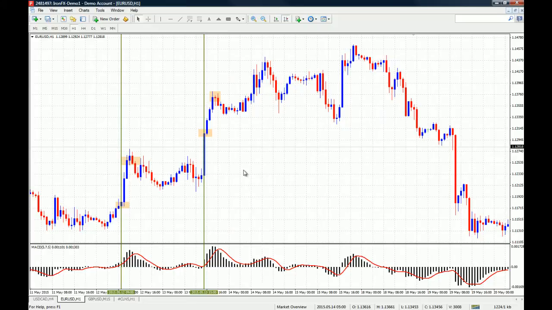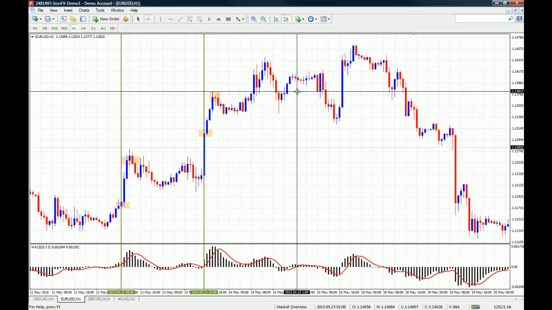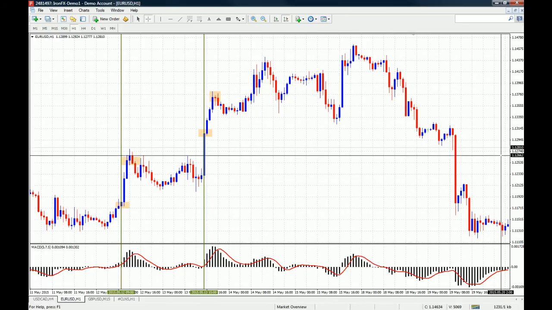Now, remember that we are still in an up move, and right here, the market thins out. So we are no longer looking for trades because of the time of the day.